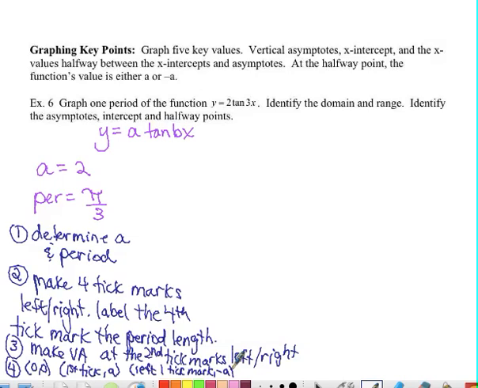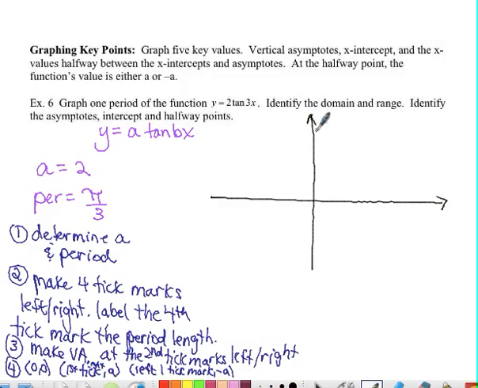Then you do a 1st tick mark right, comma A, and then do left a tick mark down to negative A. So like I mentioned yesterday, you want to keep reading through your 4 steps because if you go through them 10 times, hopefully we'll get the steps stuck in our heads. So here we go.